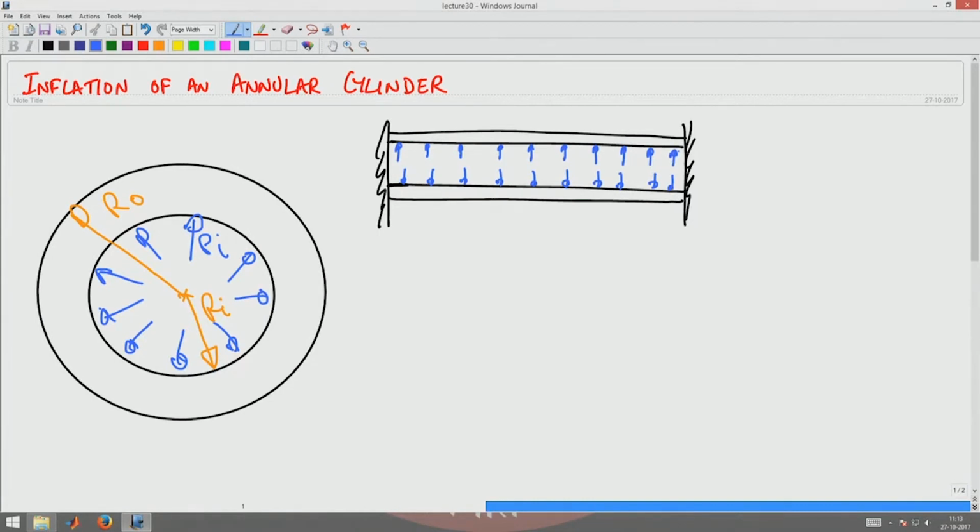And I am interested in analyzing this structure for stresses and displacement.